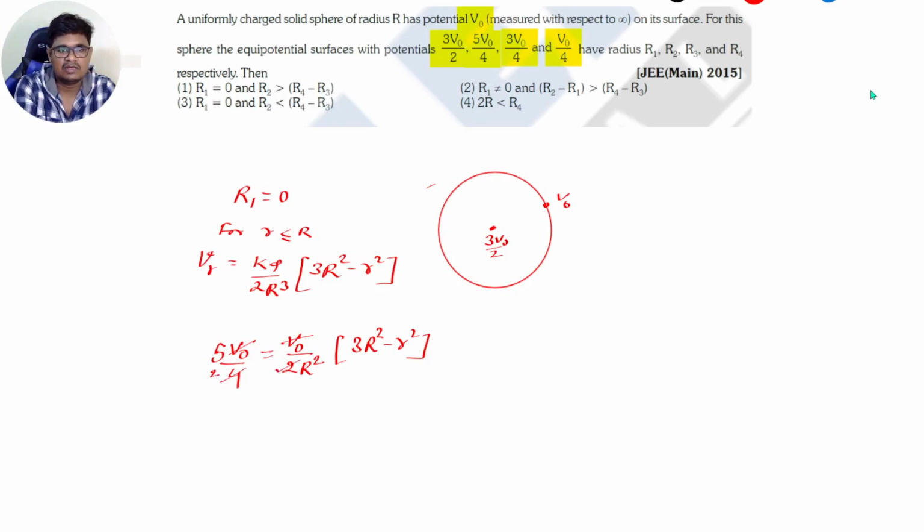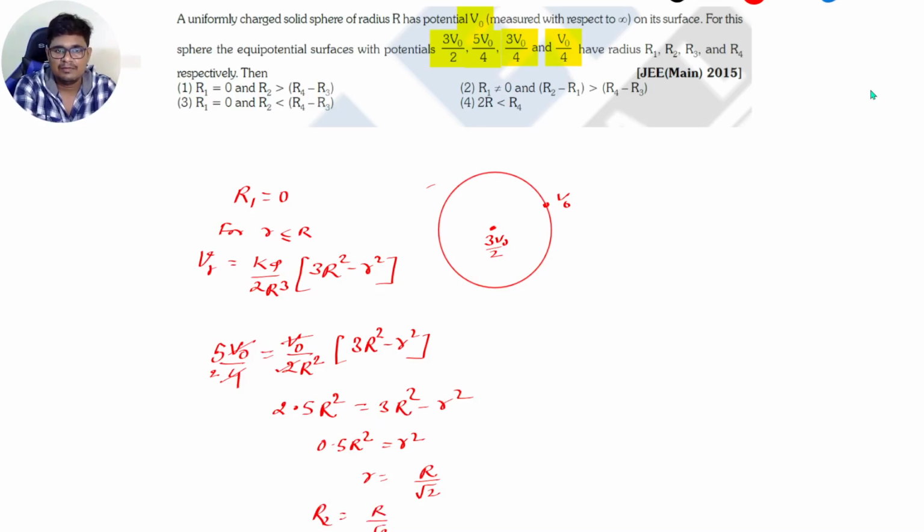So we will get 2.5 R square equals 3R square minus r square. So we will get 0.5 R square equals r square. So we get r equals how much? R by root 2. Basically this value R2 is R by root 2. We got R2 equals R by root 2.